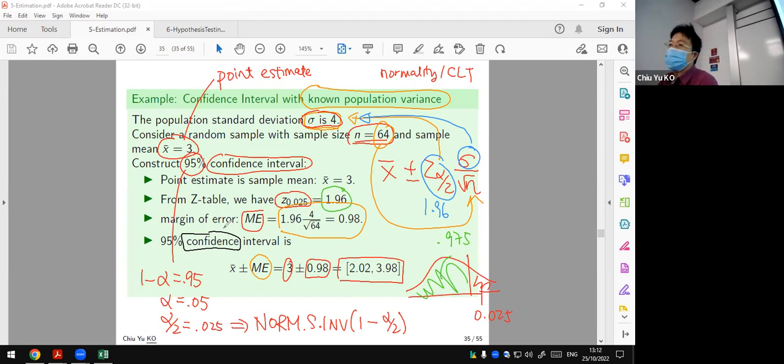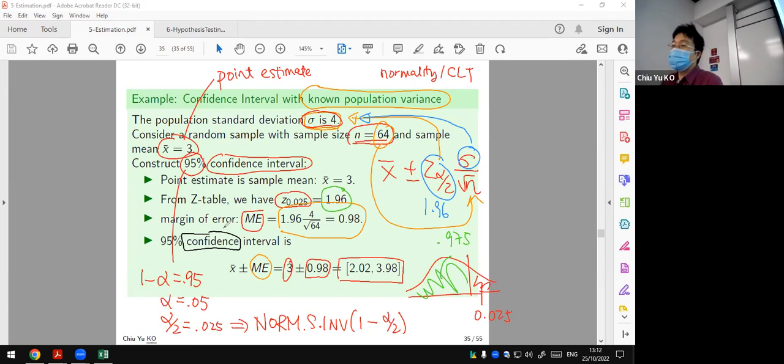You just don't know which, but there's no uncertainty. If you get a number, either it's in or it's out. In the classical sense, there's no random experiment to be conducted here to assign probability. And so that's why we say confidence.